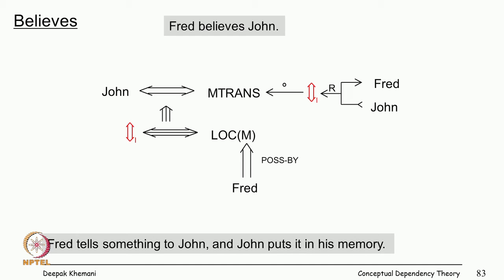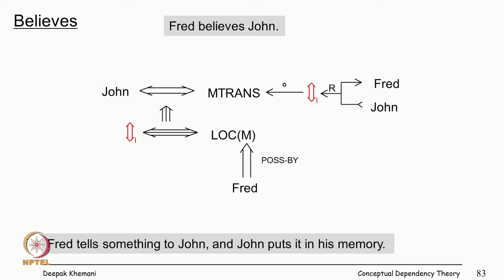So, another sense of the word believes. If you say Fred believes John, in one sense of the word believes, then you can say that John has told something to Fred, which is the top half of this conceptualization, which says John entrances something, that red colored whatever that thing is, it is some event. John told Fred that Mary ate the cake or something like that.